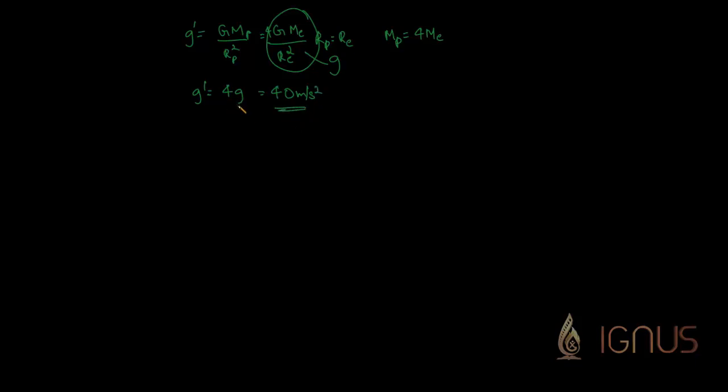G is nothing but 10. So the energy required to lift 2 kg of mass through 2 distance will be m g dash into h. That is the force into h, which is equal to 2 into 40 into 2, which is nothing but 160 joules. All you have to do is find the relation of g dash and g.